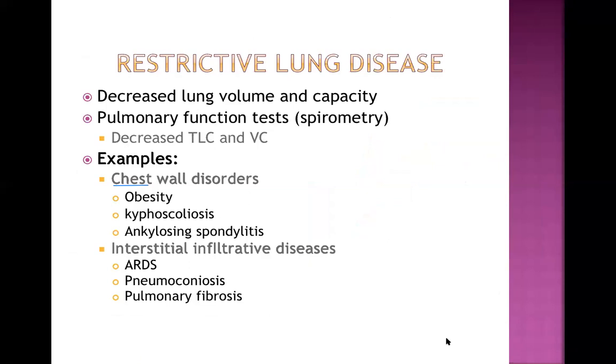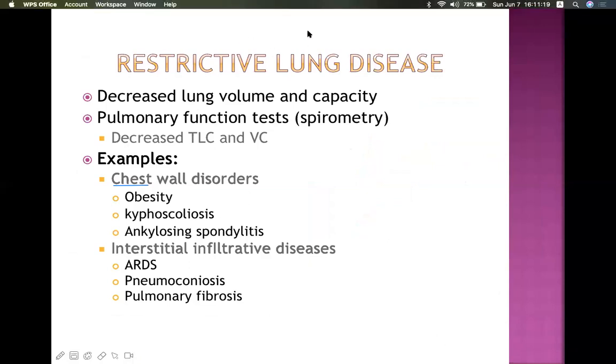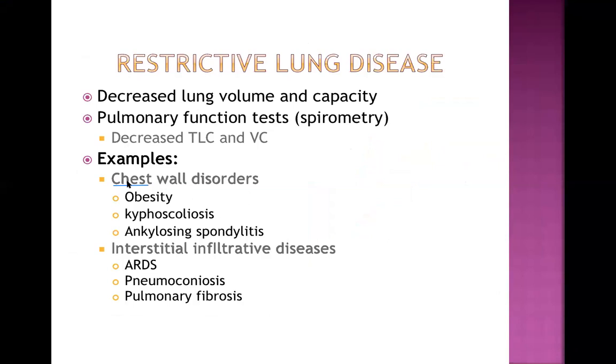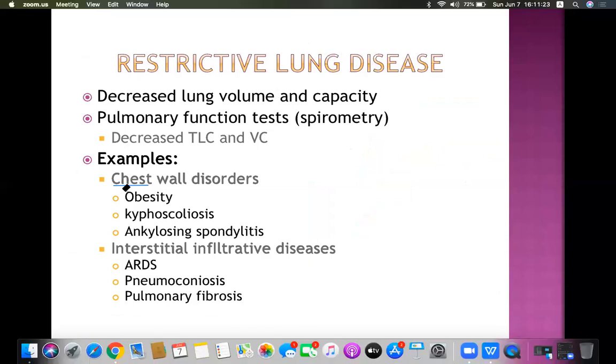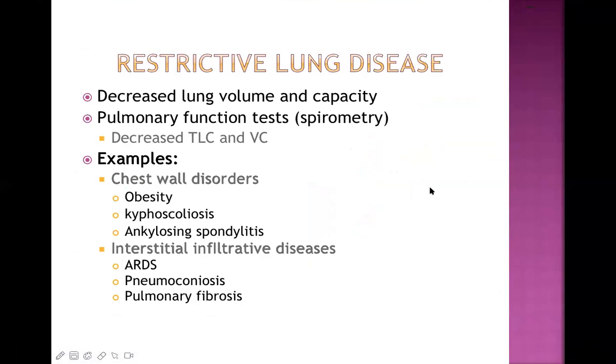Now, on the other hand, what is restrictive lung disease? Restrictive lung disease is the opposite of obstructive lung disease. In this condition, the total lung is either contracted or damaged.